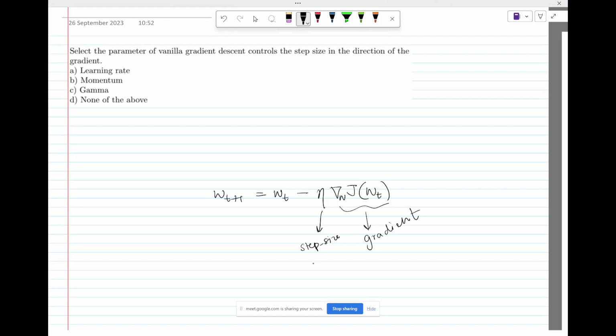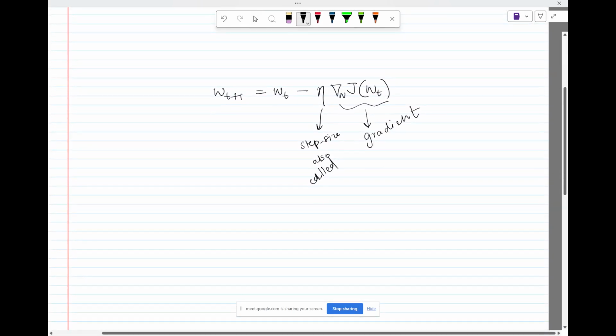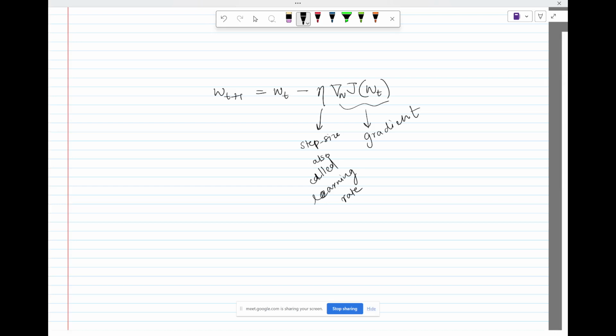And this is also called the learning rate. Because if your learning rate is too small, then your parameters will be updated by a small change in the parameters W of your deep learning model.